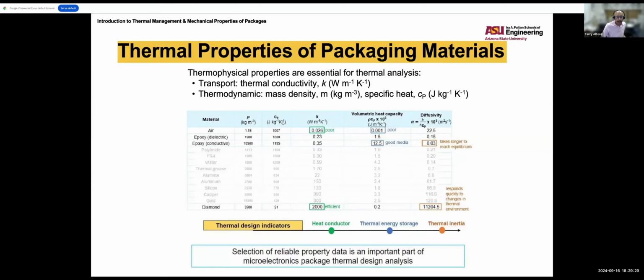How much heat or energy can this material absorb in terms of causing temperature change?